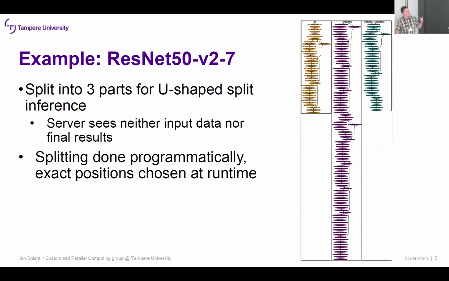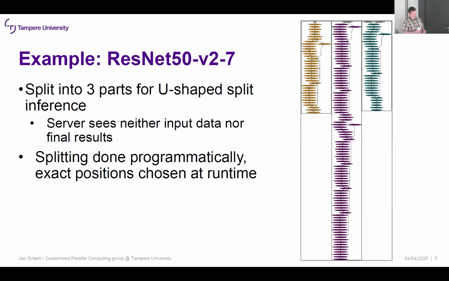For example, here I have an automatically generated split configuration of ResNet 50, where it's calculated the minimum distance from the inputs and outputs under the assumption that more operations makes it more difficult to reconstruct the inputs or outputs.